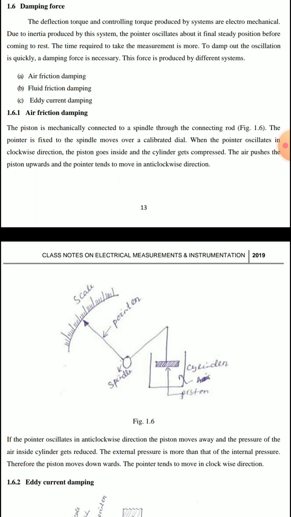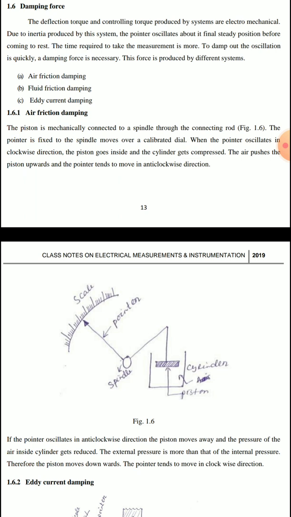So the piston is mechanically connected to the spindle through the connecting rod. The pointer is fixed to the spindle and moves over the calibrated dial or the scale. When the pointer oscillates in the clockwise direction, the piston goes in and gets compressed.